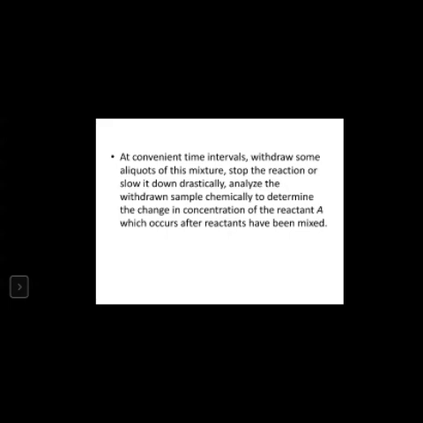When you increase the concentration of B and you find out that you double it and the rate now increases 4 times, it means the order with respect to B is 2.